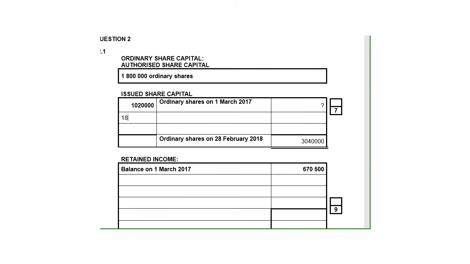So 180,000 is the number, and that is shares issued during the year. Let's just make this a bit bigger.